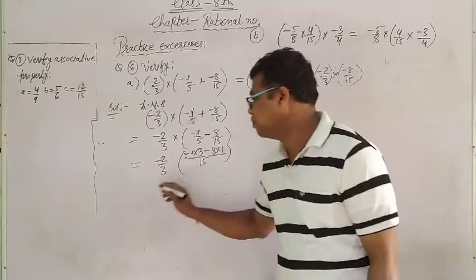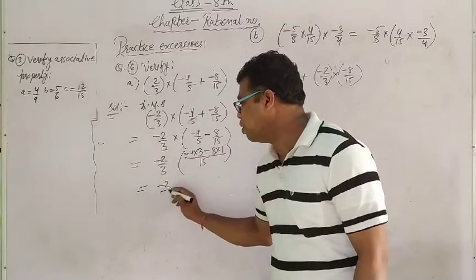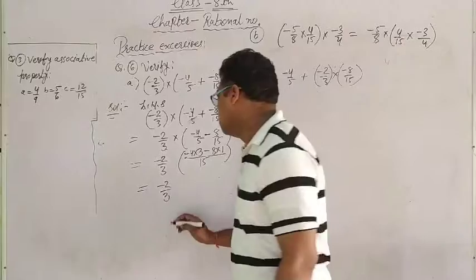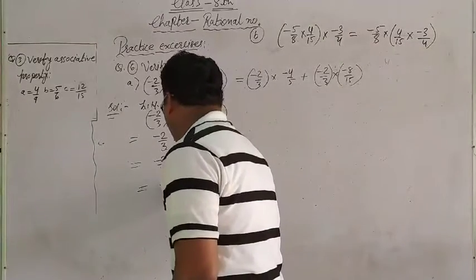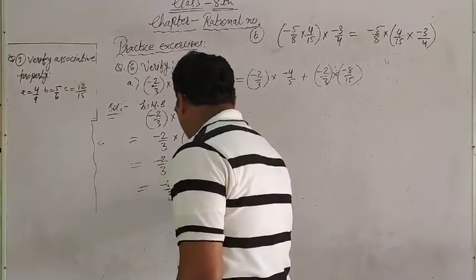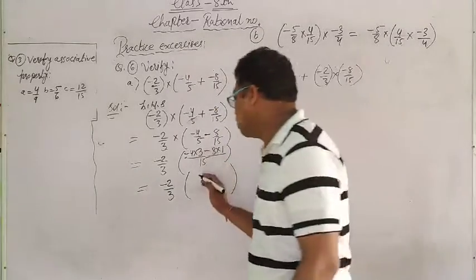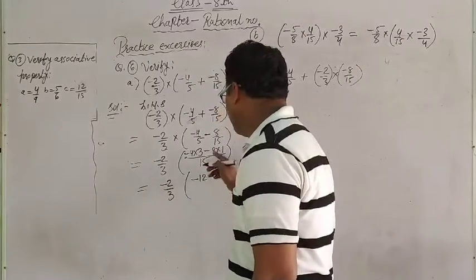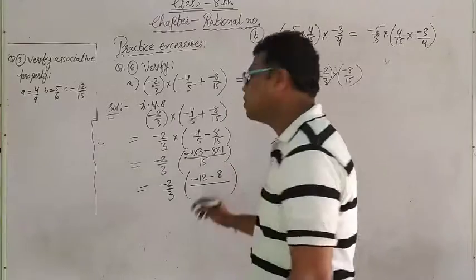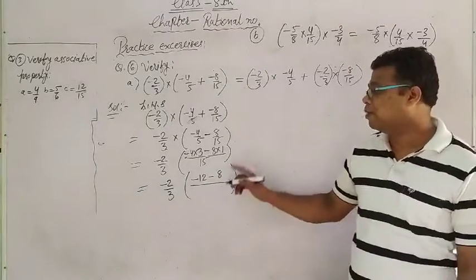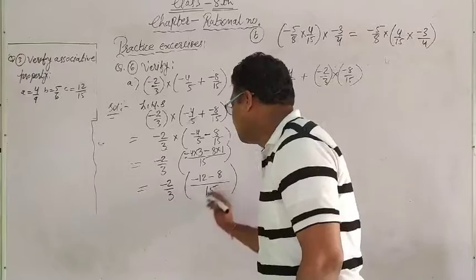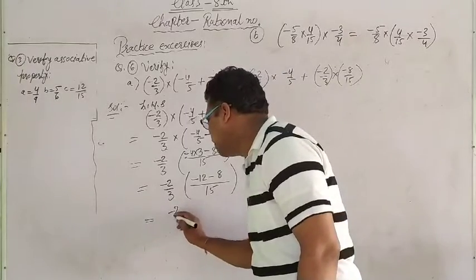Same thing. Again minus 2 upon 3. Look here. Minus 2 upon 3, and after that again we have to solve this. Minus 4 3 ja minus 12, minus 8 1 ja minus 8, upon 15. All the things are very interesting.